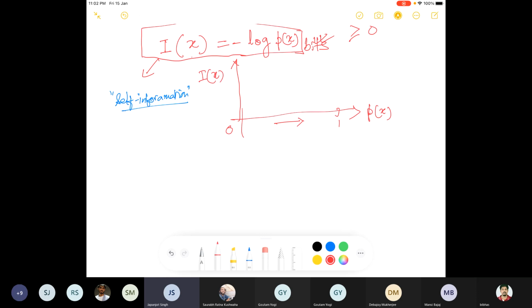For example, this self-information, when we take the expectancy, it is said as average self-information, not entropy. Why? It has some different meaning, or I'm confused about it.